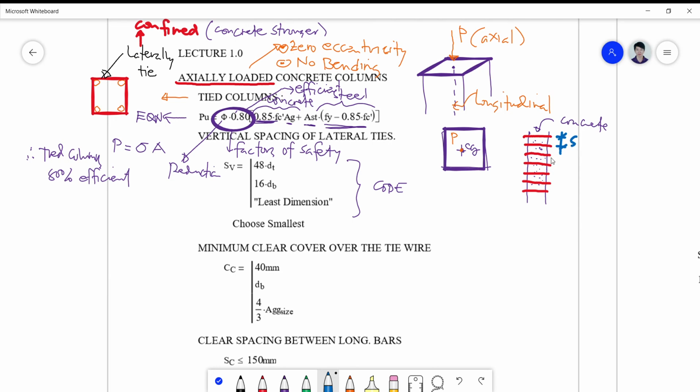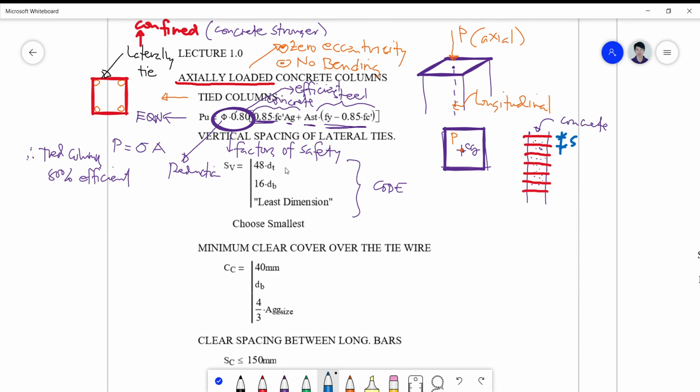It can be uniform, it can be non-uniform depending upon the purpose and the design. So the code provision on the determination of this vertical spacing is given by three expressions.